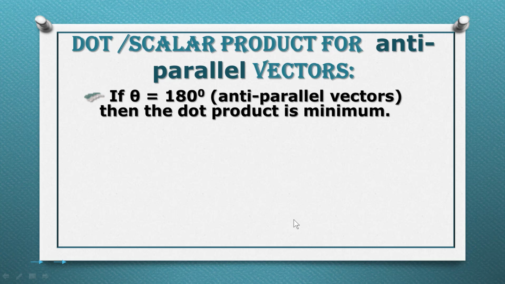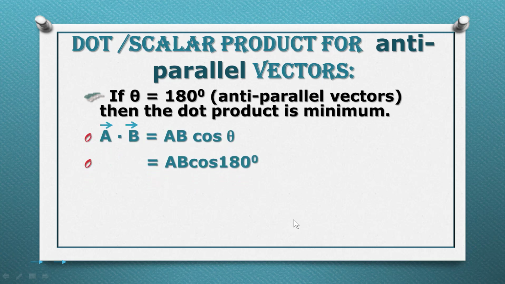Again we will follow the same steps. We put the formula A dot B is equal to AB cos theta. We put the value of theta, which is 180 degrees, AB cos of 180 degrees. We know that cos of 180 degrees is equal to -1, so AB into -1, we will get negative magnitude of A multiplied by magnitude of B.